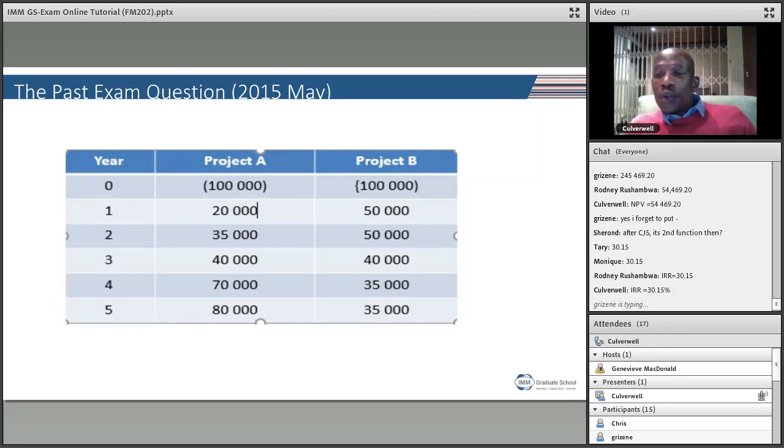And then you need to go and make a conclusion. We always base our final conclusion using the NPV. So you might have a scenario where internal rate of return and NPV are opposing each other. Project A, highest NPV. Project B, highest internal rate of return.